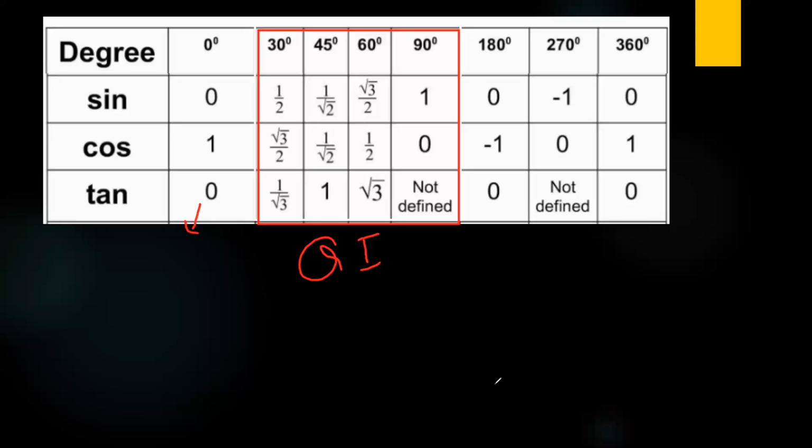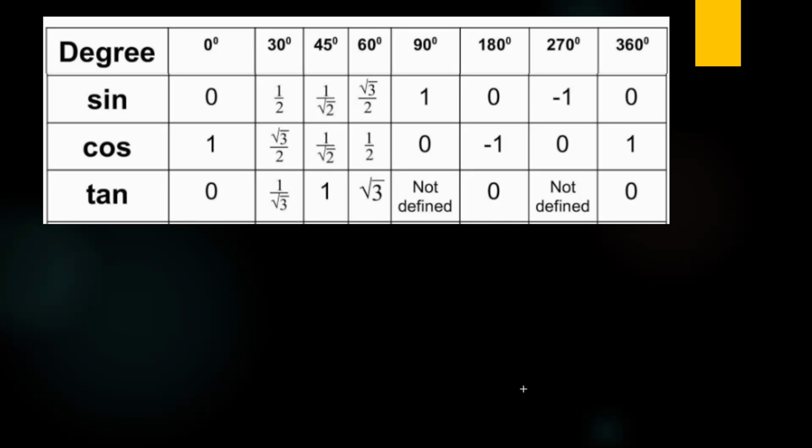This is on the x-axis. This is on the negative x-axis. This is on the negative y-axis. 90 is on the y-axis, and the 360 is on the x-axis too. Now let's see what the sine, cosine, and tangent are for each of them.